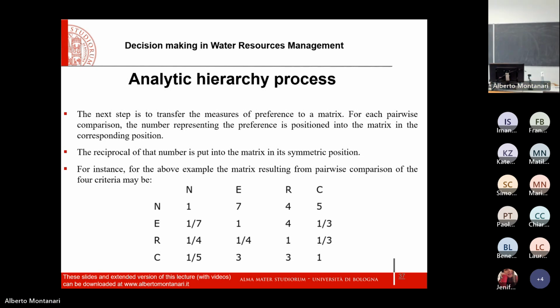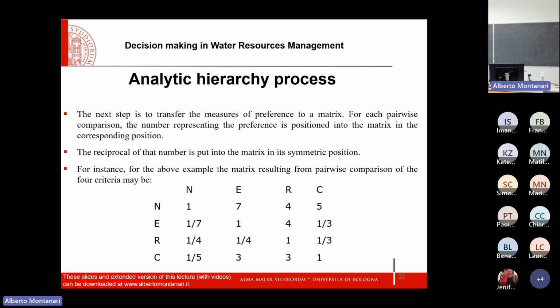Yeah, there is a comment from the audience. I start with the net benefit, 1, and then I say environmental impact is way more important. But then in the matrix, I compare the environmental impact with the river flow regime. Yeah, you are correct.